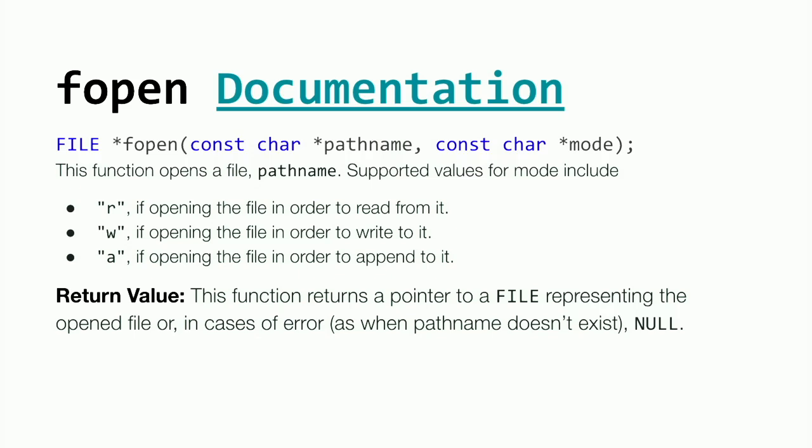Then it also has this mode. The mode can be r if we're opening a file to read from it, w if we're opening a file to write to it, and a if we're opening a file to append. This function returns a pointer to a file representing the open file, and in cases of error, when the path name doesn't exist, it returns NULL.